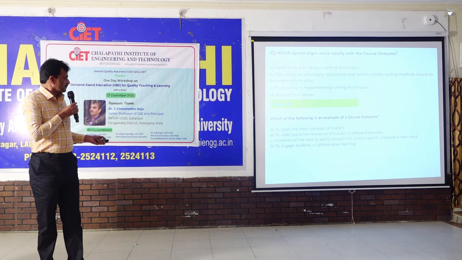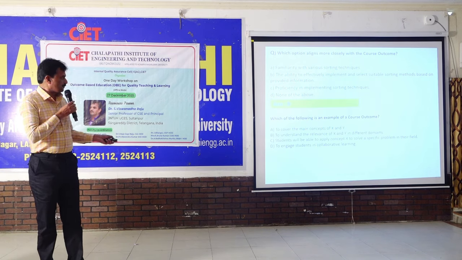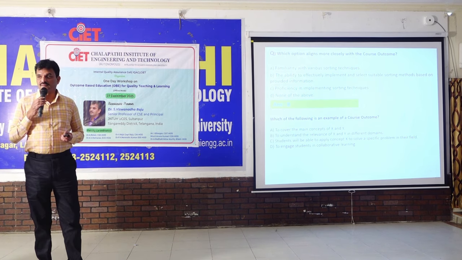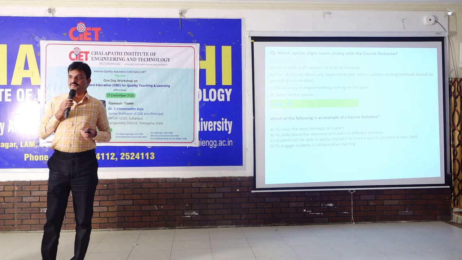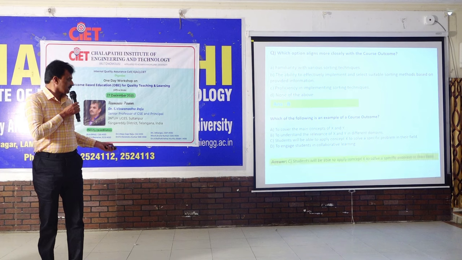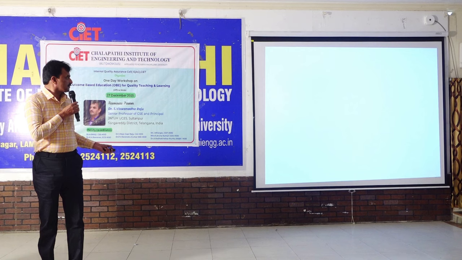Next. Which of the following is an example of course outcome? Yeah, C. Okay. Good. Yeah, this is repeating, please.